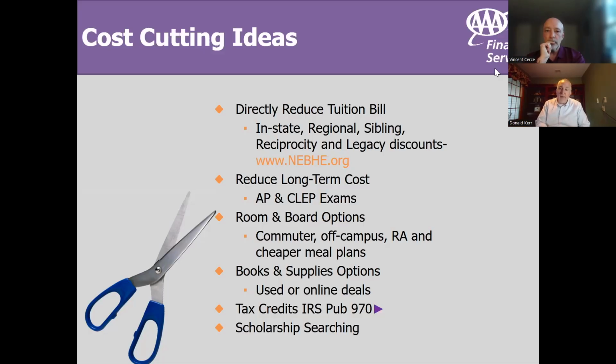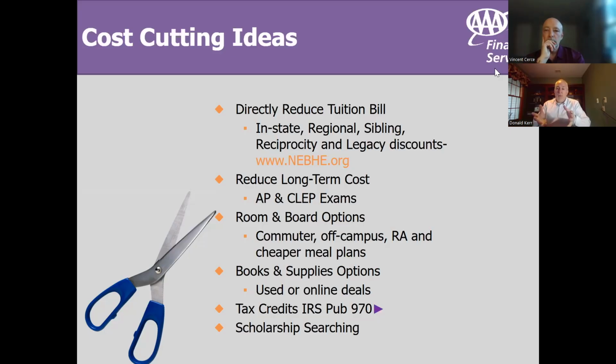One of my favorite ones is the New England Board of Higher Education discount: if you live in Massachusetts and you want to study a major that UMass does not offer, but it is offered by one of our surrounding state colleges. Perfect example, this is mechanical engineering technology.